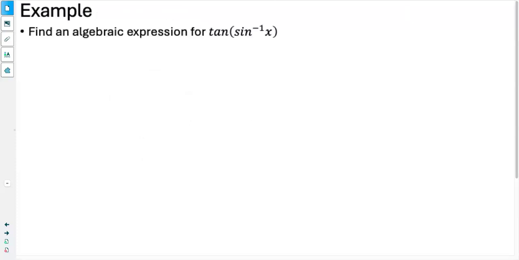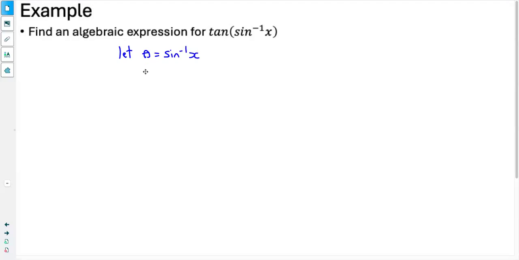Okay, next example, we want to find an algebraic expression for tan of sin⁻¹ x. For this, I'm going to use a let statement to help me solve it. So I'm going to say let theta equal sin⁻¹ x.